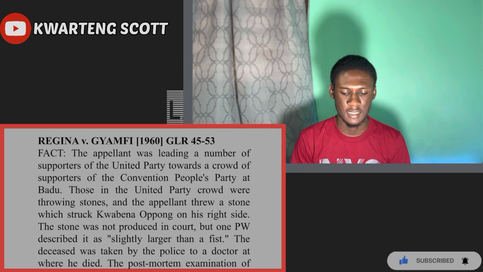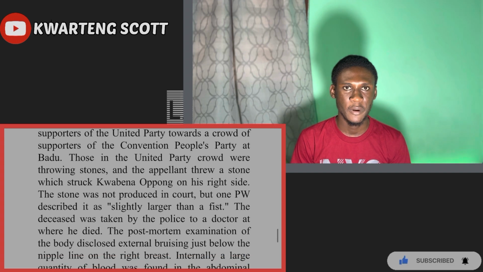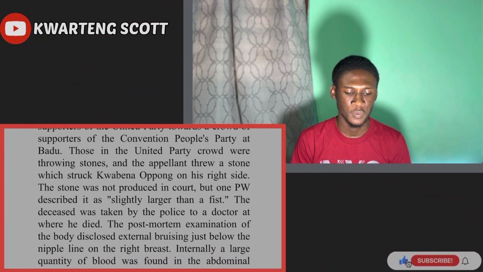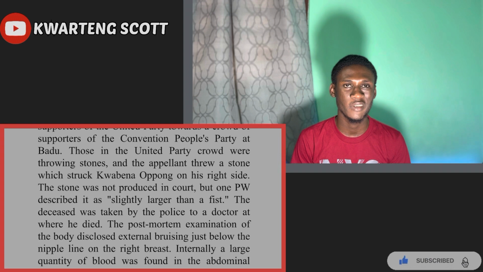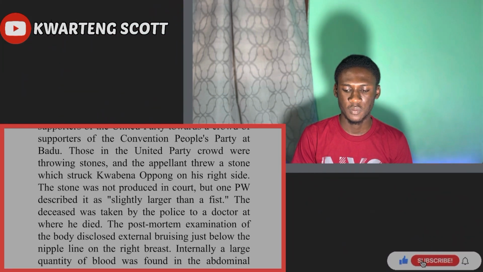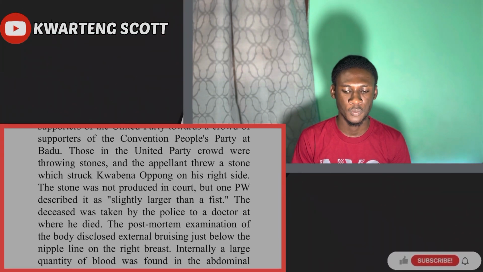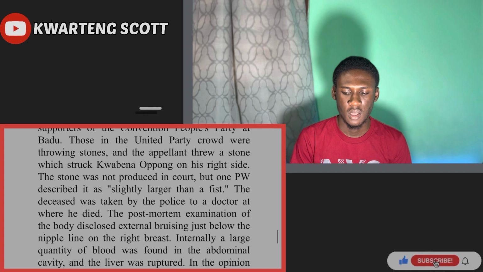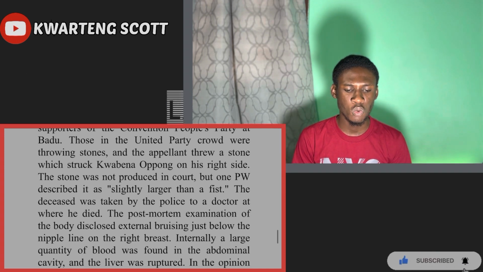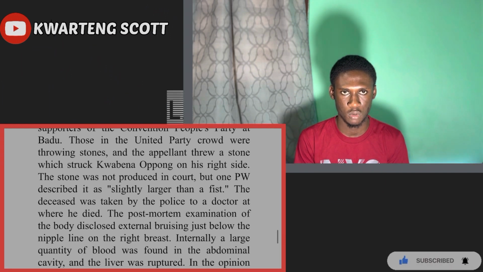So there is a case here, Regina versus Genfi, 1960. The facts are that the appellant was leading a number of supporters of the United Party towards a crowd of supporters of the Convention People's Party. In this case, someone threw a stone and it struck Kwabena Upon on his right side. The stone was not presented to court, but they described it as a huge stone, a big stone.